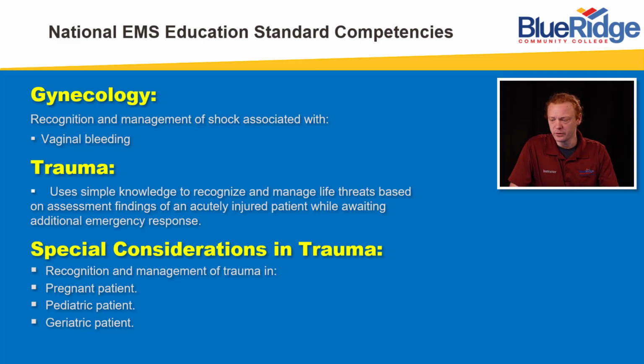This uses simple knowledge to recognize and manage life threats based on assessment findings of acutely injured patients while awaiting additional emergency personnel to respond. And then special considerations in trauma, recognition of and management of a pregnant patient, a pediatric patient, and geriatric patients.